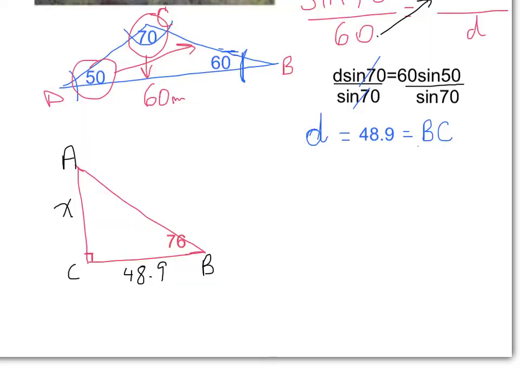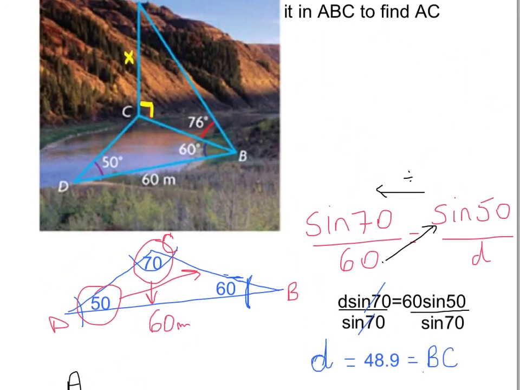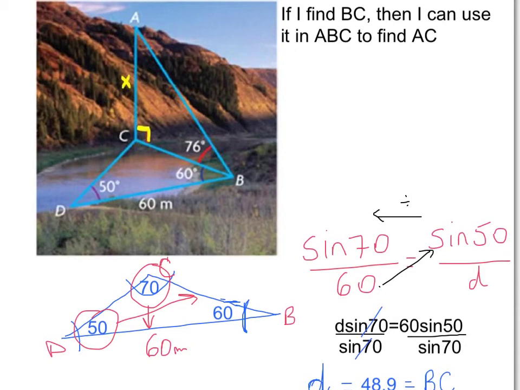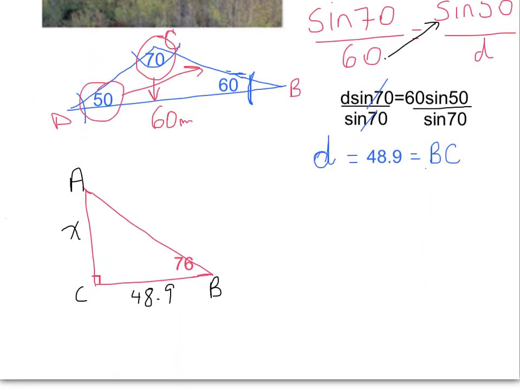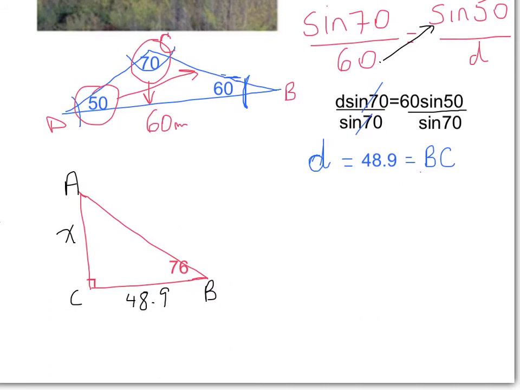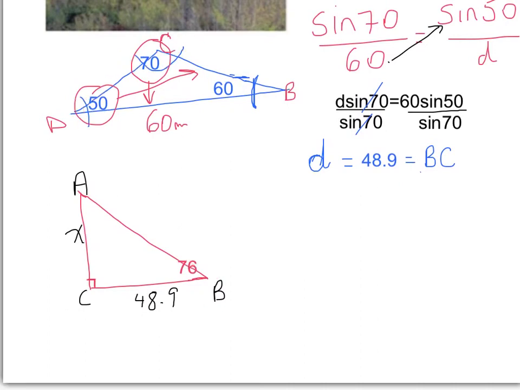Okay, so down here is my right triangle from above. This right triangle here, I've now redrawn it as triangle ACB, and I've discovered what this is right there. Okay, and now I can just use basic trigonometric laws.